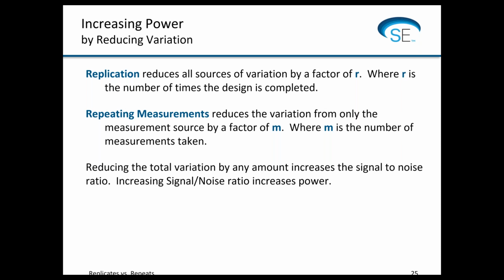If most of the noise is coming from the process, then replicating the measurement isn't going to help you at all because you need to reduce the process noise. You've got to replicate the runs. If most of the noise is coming from the measurement, then replicating the measurement may be a more economical way to reduce the overall noise than replicating the whole run.